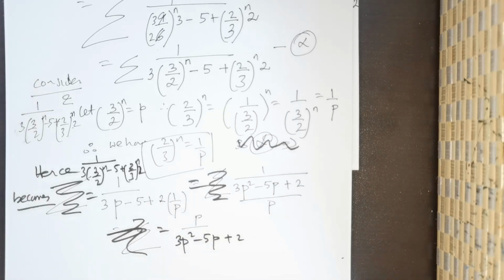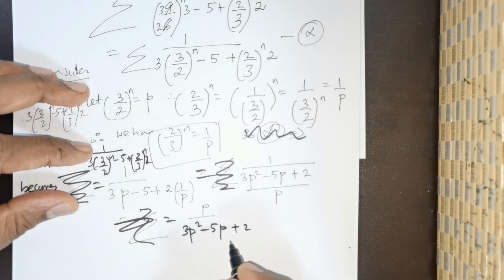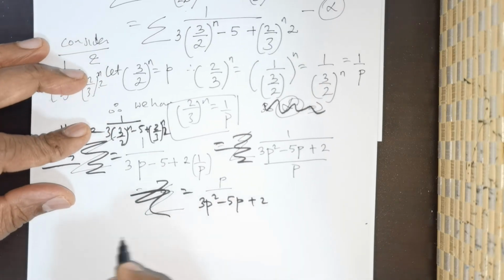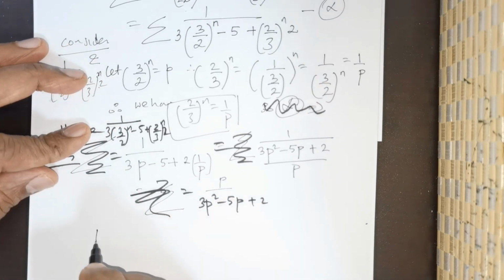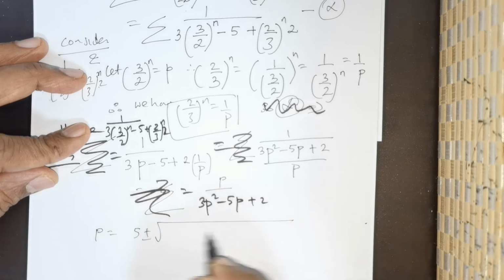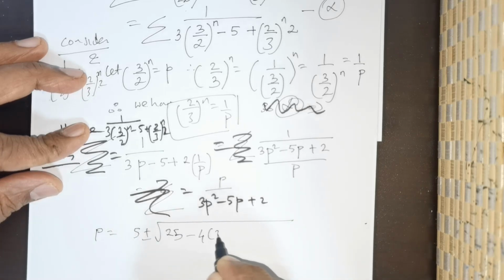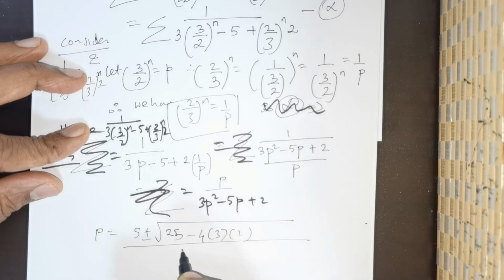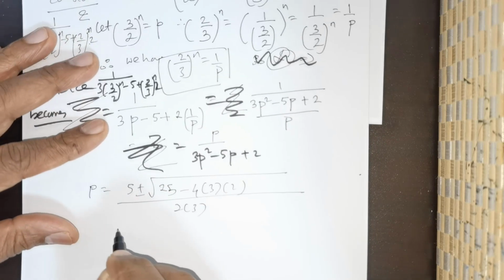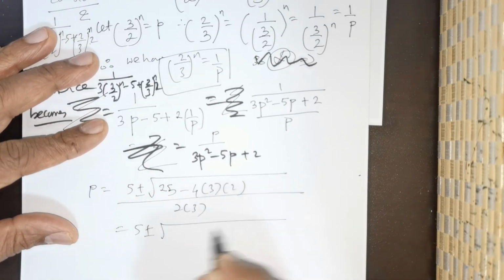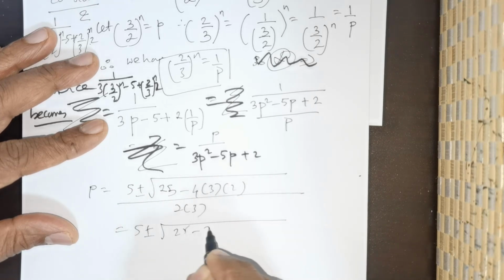Now what I wish to do here is factorize this. So using the quadratic formula, p is equal to 5 plus or minus root of 25 negative 4 times 3 times 2, divided by 2 times 3, which is equal to 5 plus or minus root of 25 minus 24, divided by 6.